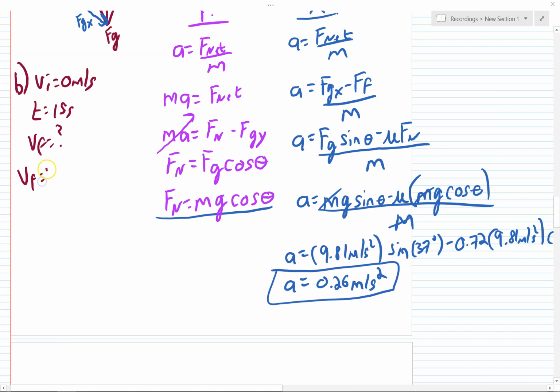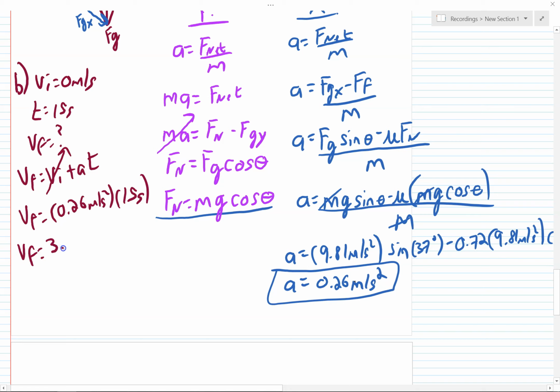We can use Vf equals Vi plus at. Vi is 0, so Vf is going to be equal to 0.26 meters per second squared times 15 seconds, giving Chris a final velocity of 3.9 meters per second.